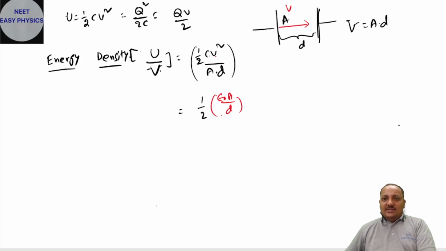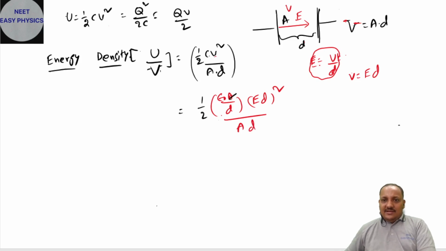Now, what is the relation between voltage and electric field between these two plates? E equal to V by d, so V is Ed. See the difference? Volume I am writing like this, and this V, voltage, I am writing normal. In place of this V, Ed whole square divided by area into distance.